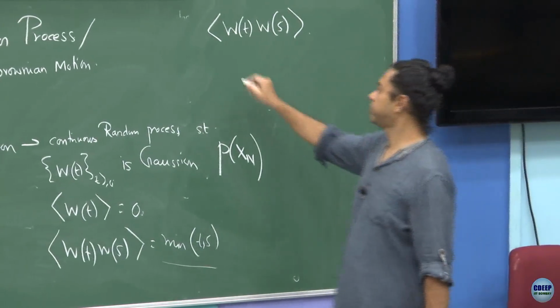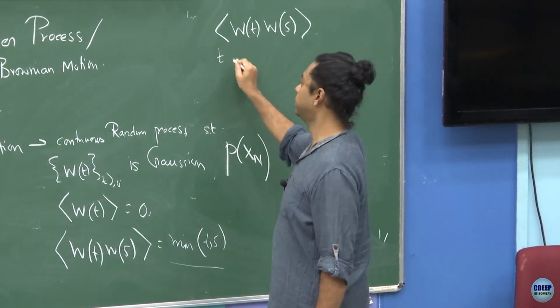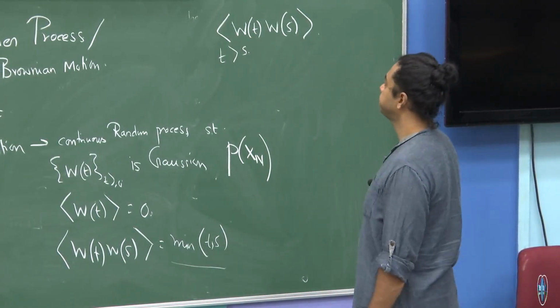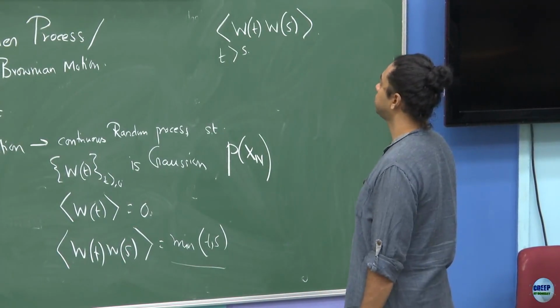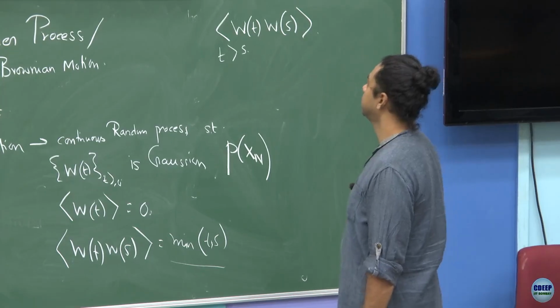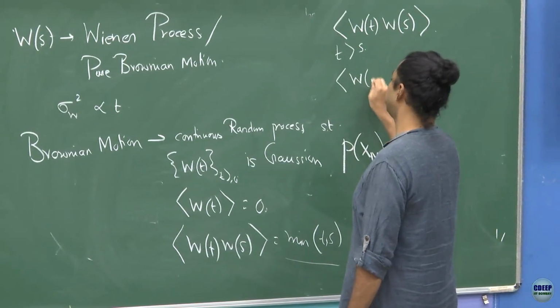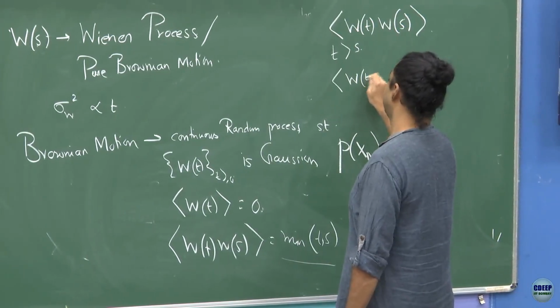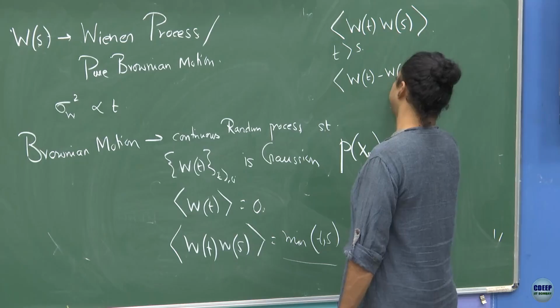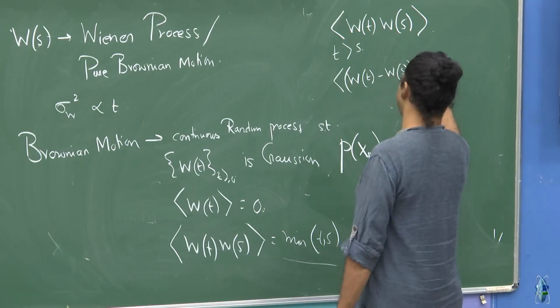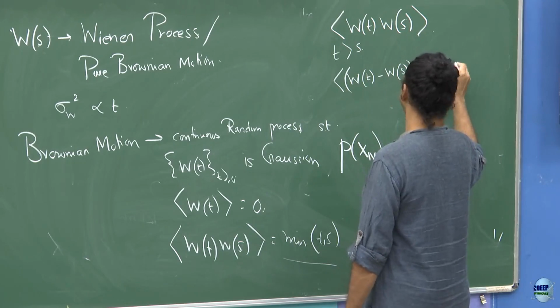So, if for example my t was greater than s, then let me calculate W of t minus W of s with W of s.